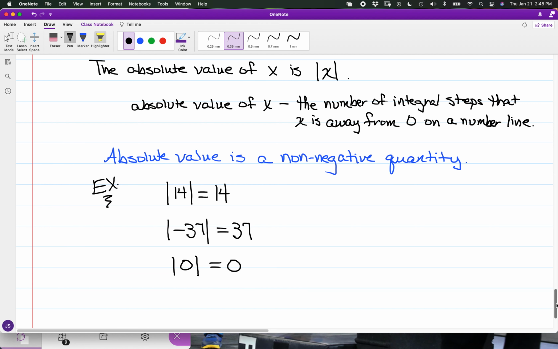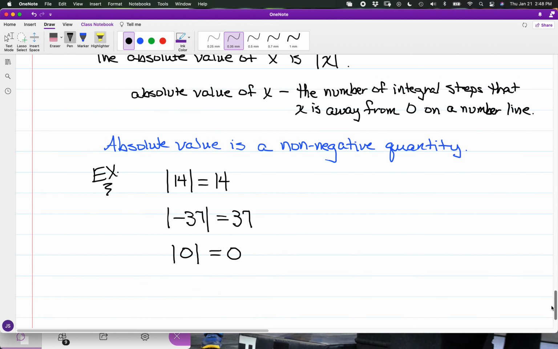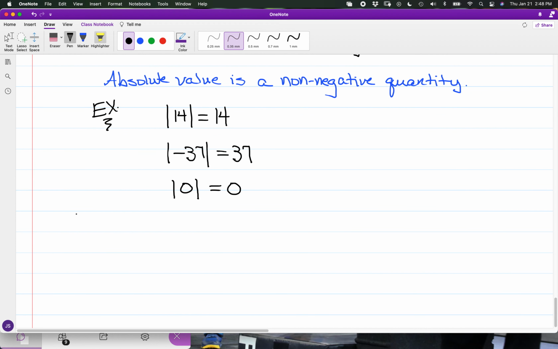Now for what we have regarding absolute value equations, just going from absolute value itself to absolute value equations. If k is a non-negative value, that means that k is greater than or equal to 0.